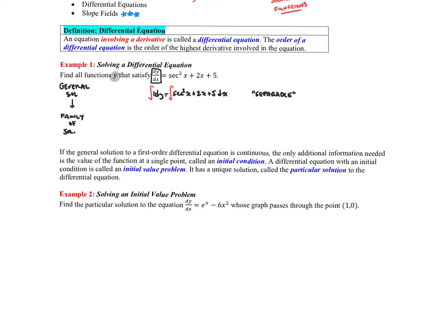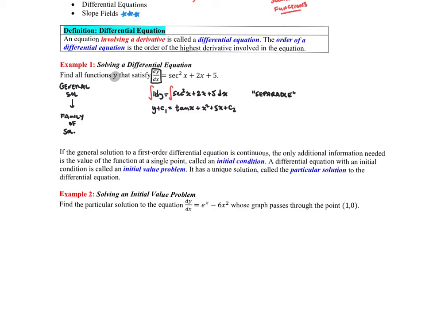I can integrate and the equation will still be equal. So the integral of 1 dy is y plus c1. The integral of secant squared x plus 2x plus 5 dx will be tangent of x plus x squared plus 5x plus, I'm going to call this c2.